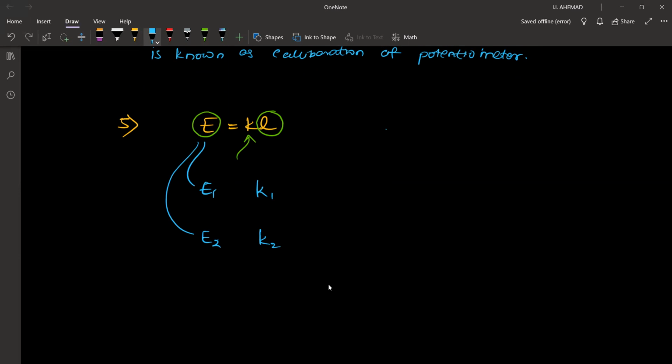All the values K1, K2 will be almost similar, okay? Because depending on E, L will change according to K, but we have the same problem.